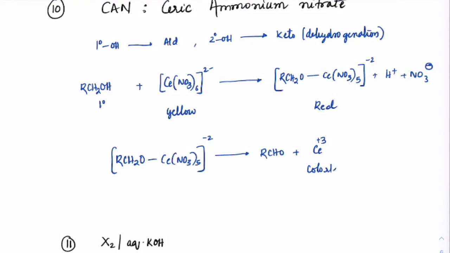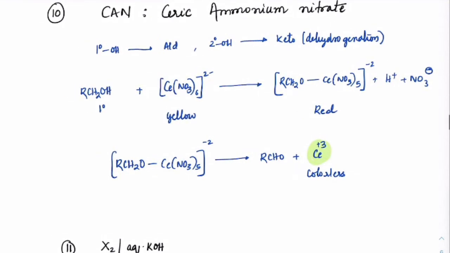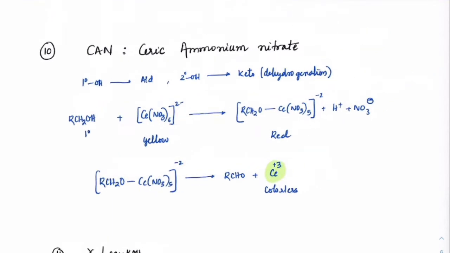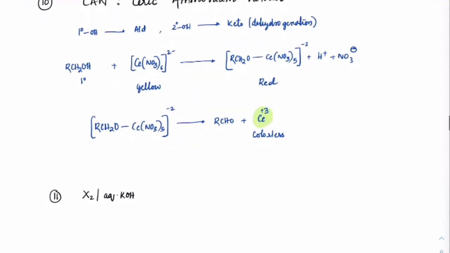That's when it will become colorless. It's in a complex form. I'm just writing what you need to remember. So cerium got reduced and the alcohol got oxidized. So from yellow to red to colorless. That's how it goes. I guess you guys can recall that.